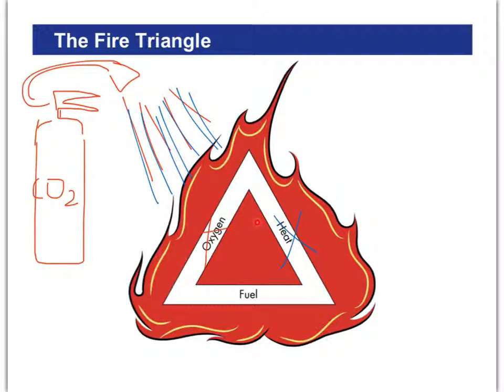Various other fire extinguishers remove oxygen or heat in different ways. It's hard to remove the fuel because the fuel is probably the thing that's burning. If you have a log that's burning, there's no fire extinguisher that's going to remove the log from the area, but you can displace the oxygen and remove the heat, and that'll put out the fire. So that's the fire triangle, and all those things are required to keep combustion going.